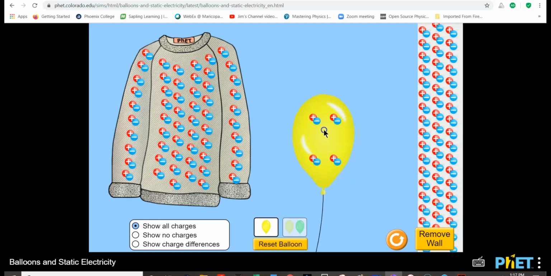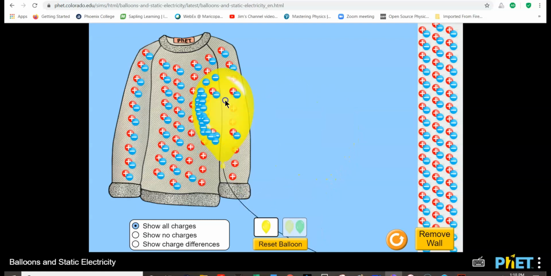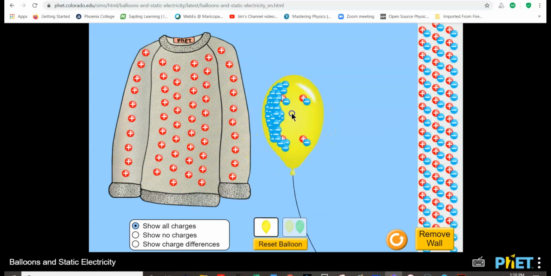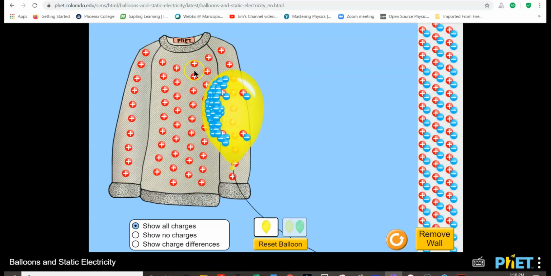So I'm going to go ahead and rub this balloon against the shirt, and look at what I'm doing. I've gathered up electrons. Now I've gathered up all the electrons on the shirt. It's impossible to do that, since there's an incalculable number of electrons on the shirt, but let's just do it for the sake of the demonstration.